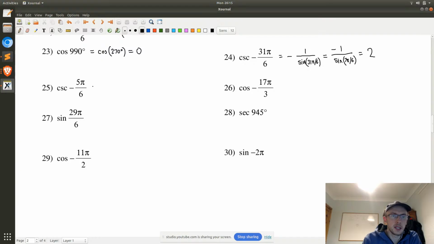Okay. Cosecant of negative 5 pi over 6. Right, so that is 1 over sine of what? So I switch it back to degrees.